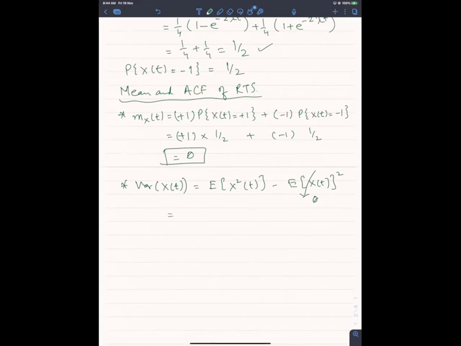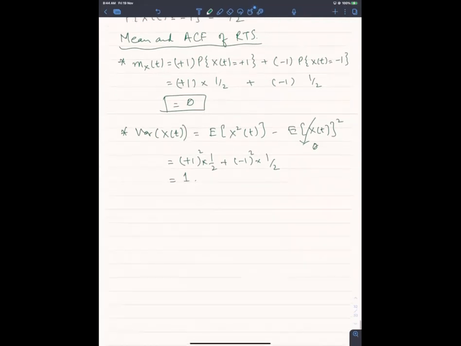This would be equal to +1 squared into the probability it takes the value +1, plus -1 squared into the probability it takes the value -1. So this turns out to be 1. So the variance of X(t) is 1, which is constant. This looks like a wide-sense stationary process to me. It would actually be a wide-sense stationary process.